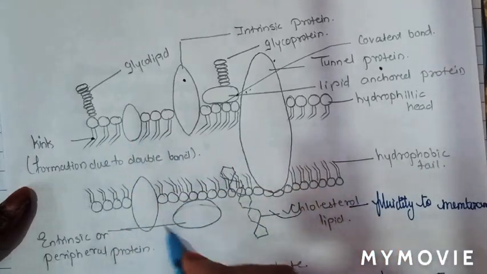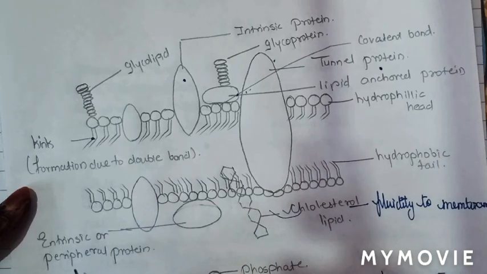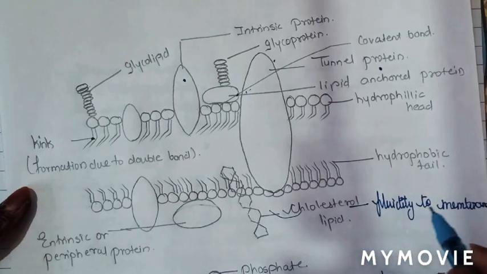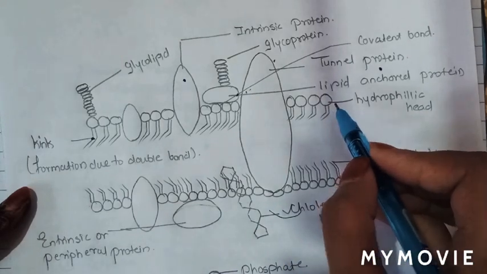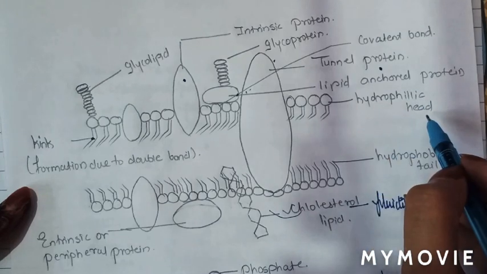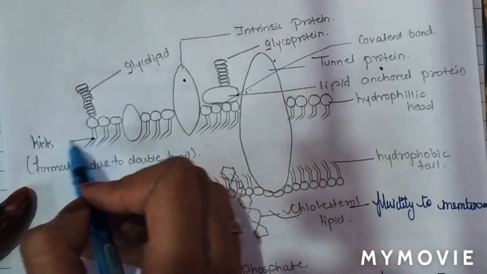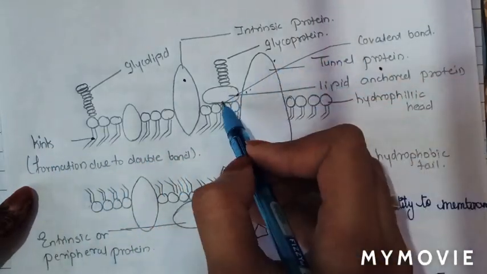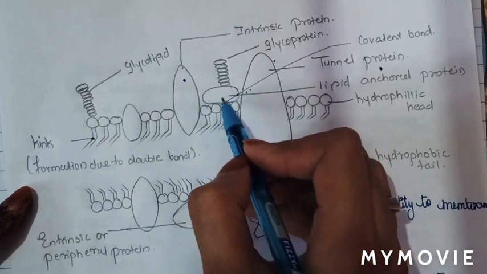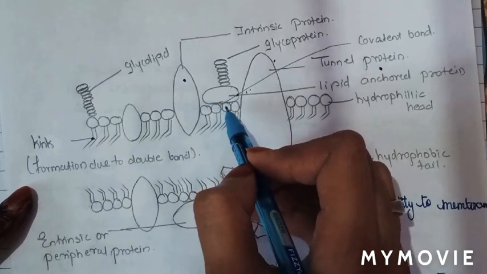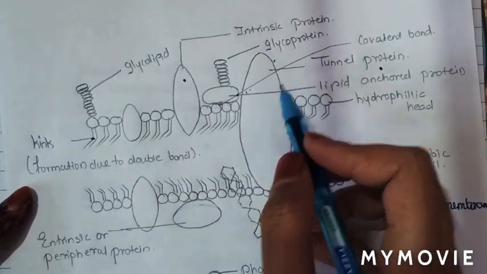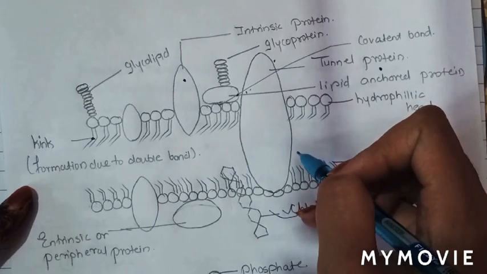Here you can see the extrinsic protein, present at the periphery, so known as a peripheral protein. Here the cholesterol or lipids are present, which give fluidity to the membrane. Here the hydrophilic head and hydrophobic tail are present, and a knee is present due to the double bond. And here the lipid anchor protein is attached to the hydrophilic head by a covalent bond.